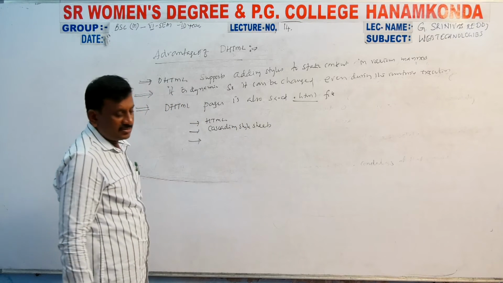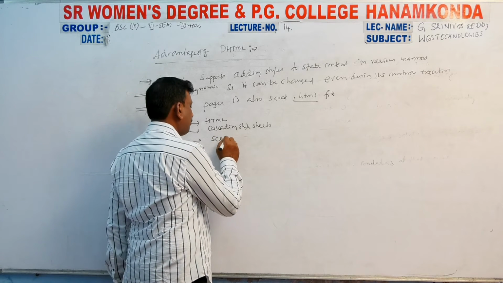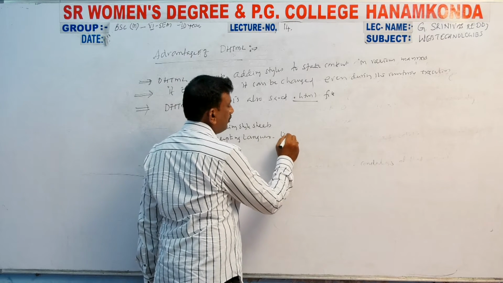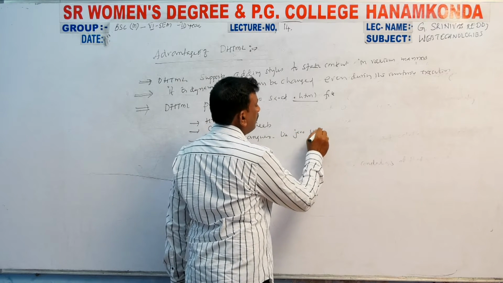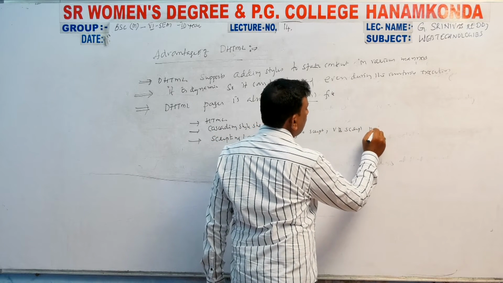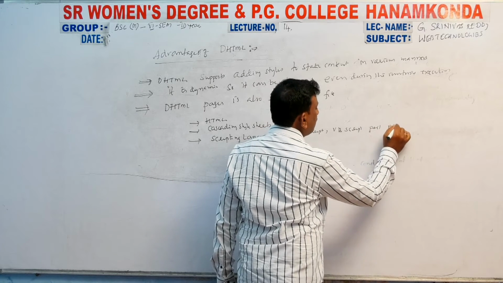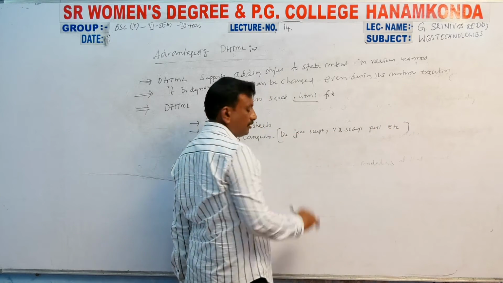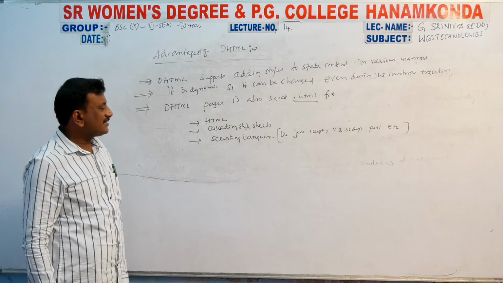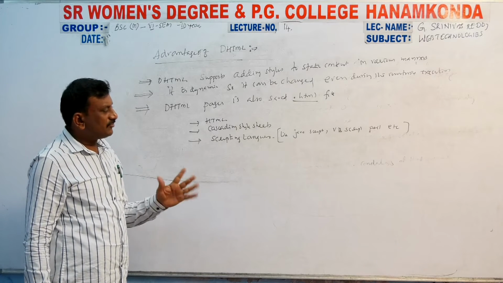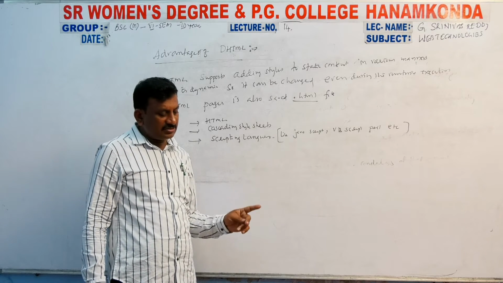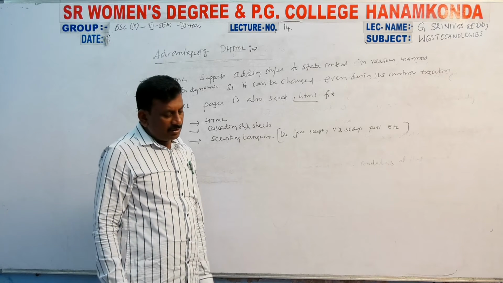Third one is a scripting language, like JavaScript, VBScript, Perl, etc. All these combinations, HTML, cascading style sheets, and scripting language, make up DHTML.